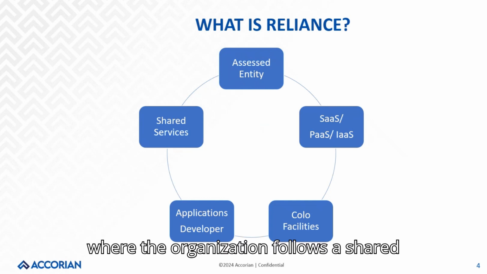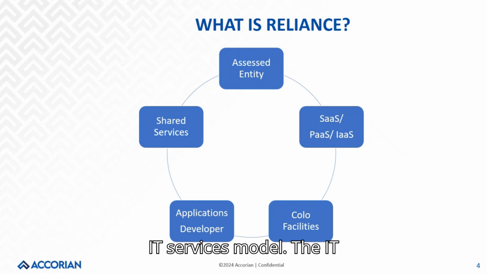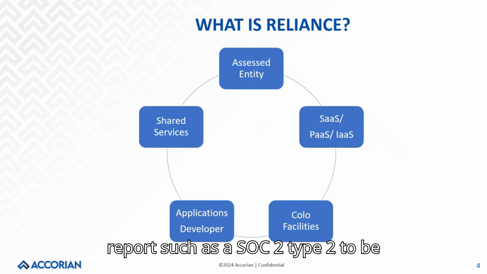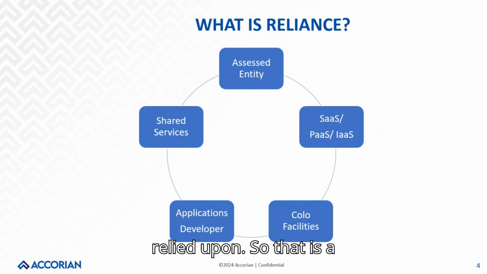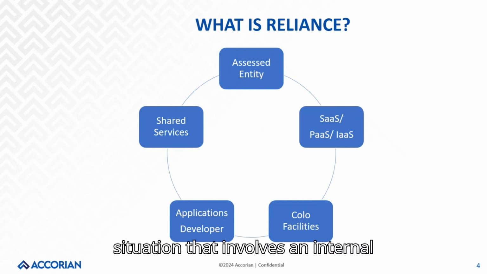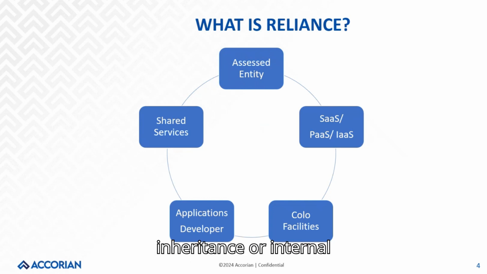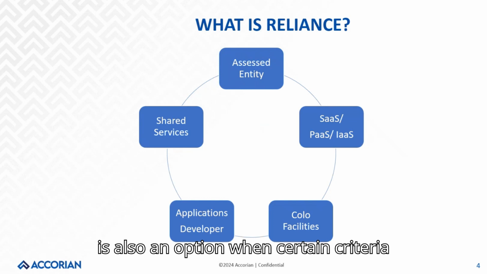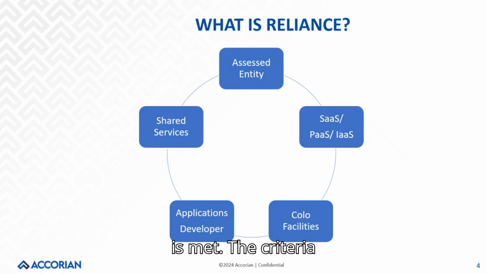Where the organization follows a shared IT services model, the IT organization may allow a third-party report, such as a SOC 2 Type 2, to be relied upon. That is a situation that involves internal inheritance or internal reliance. Reliance on the assessed entity's internal testing is also an option when certain criteria are met.